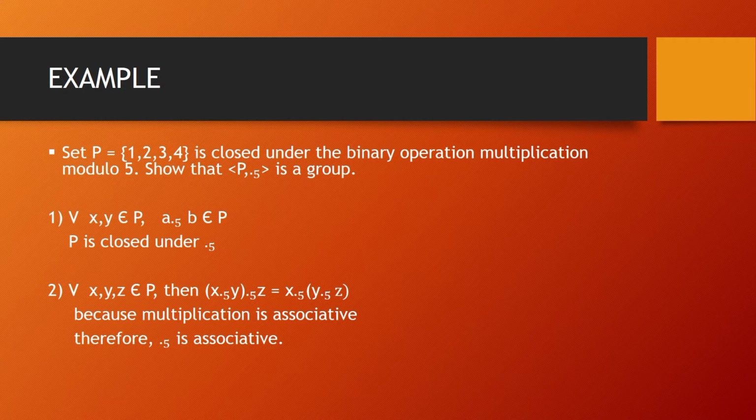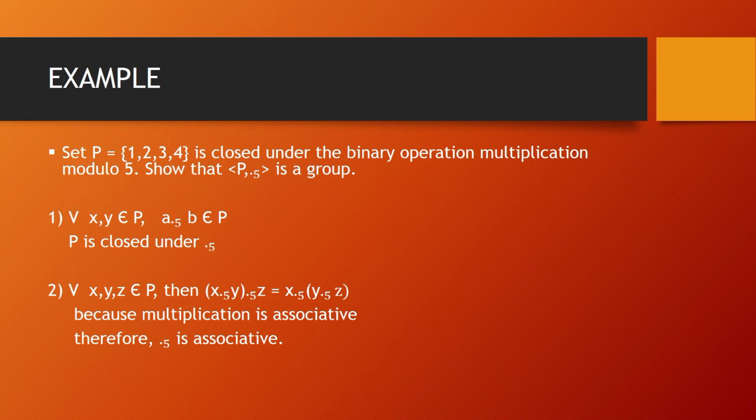So as we know, groups have four properties. For the first one, we will identify the closure. For all x, y elements of P, x multiplication modulo 5 y is an element of P. Therefore, P is closed under multiplication modulo 5. For the second one, we will take a look at the associativity.